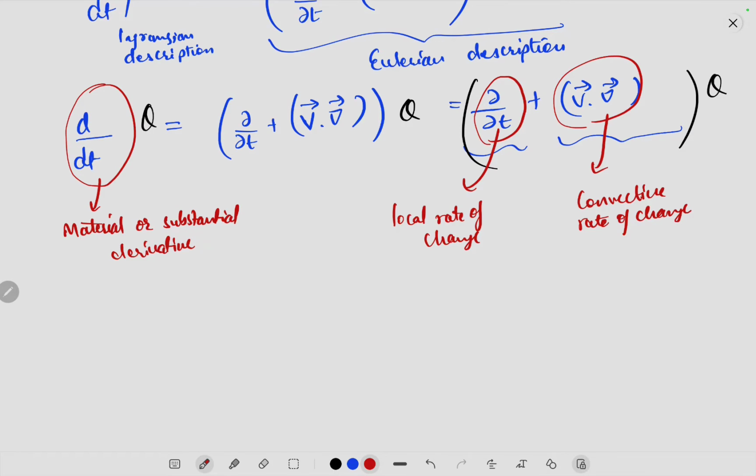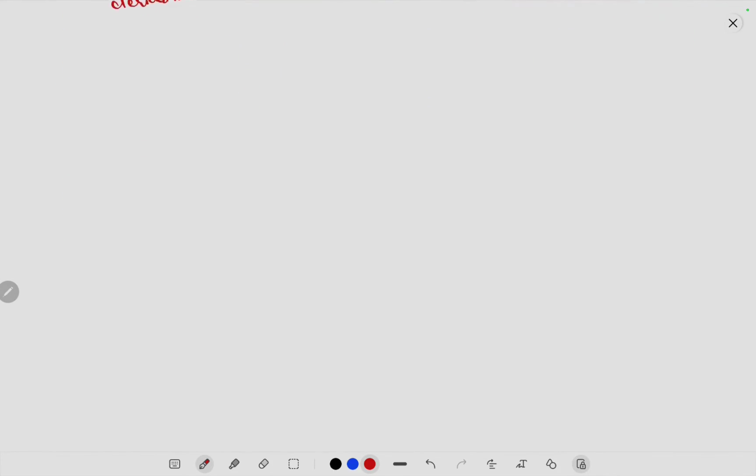Okay, so let's understand this Lagrangian description and Eulerian description with one example. So let's understand with a problem.